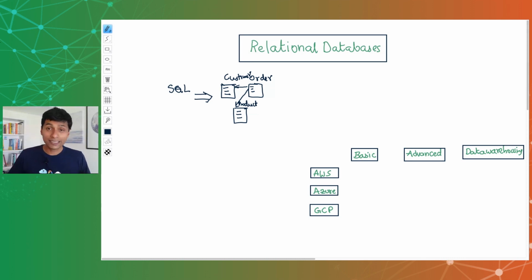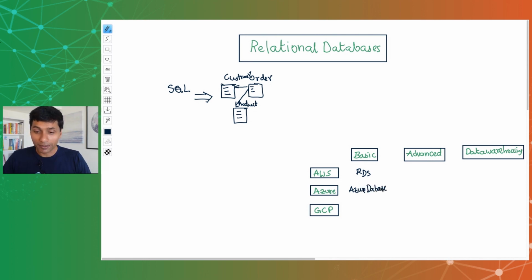Now, relational databases are also provided by each of the cloud platforms. In AWS, the service which is present is called Amazon RDS. So RDS allows you to create a MySQL or an Oracle or a SQL Server database in AWS. And in Azure, it's called Azure Database. So there are multiple Azure database options.